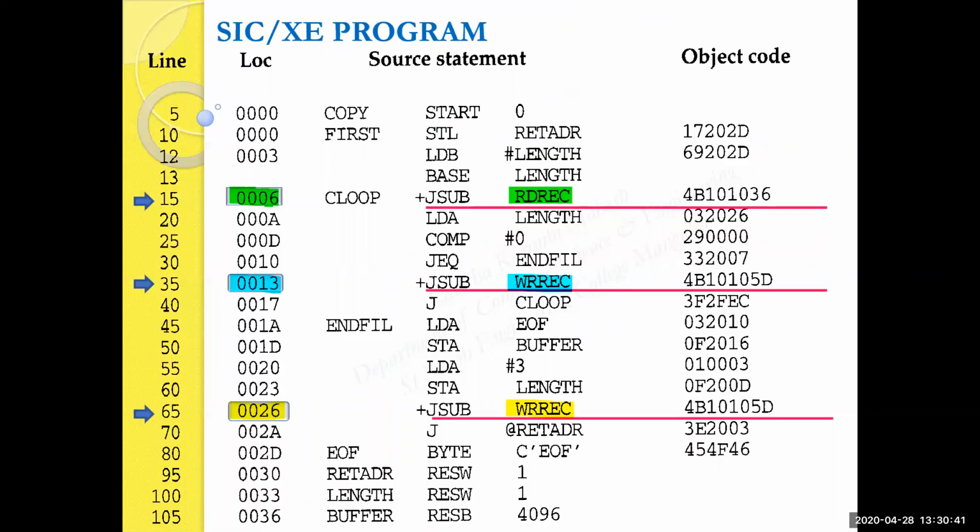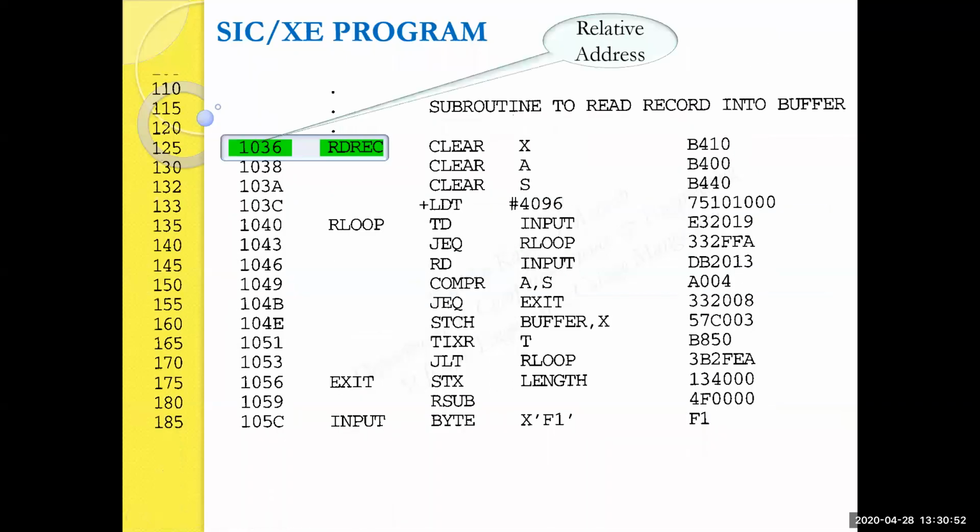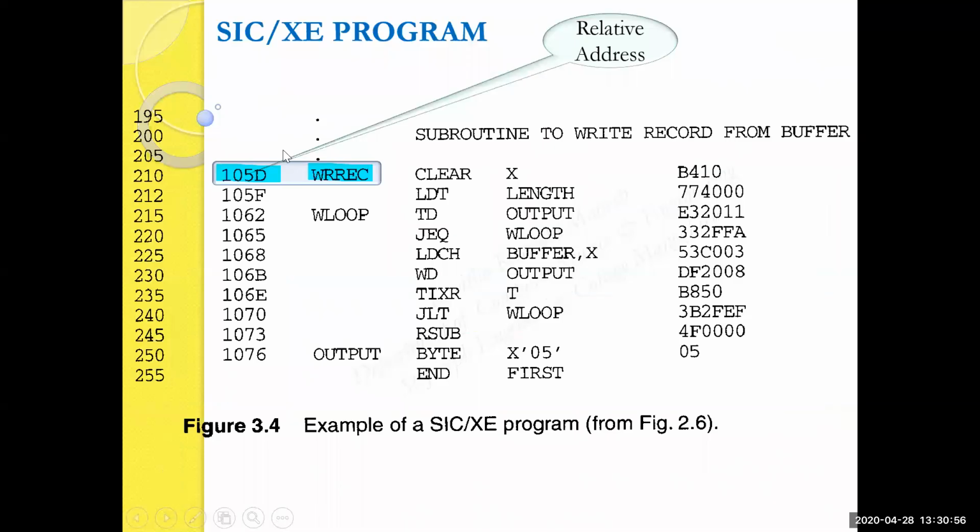As you see here, each of these 4-byte instructions involves a reference to the symbols RDREC and WREC. RDREC has the relative address 1036, while WREC has address 105D.